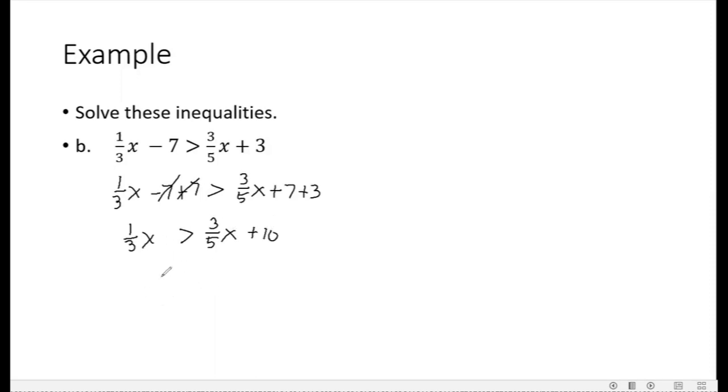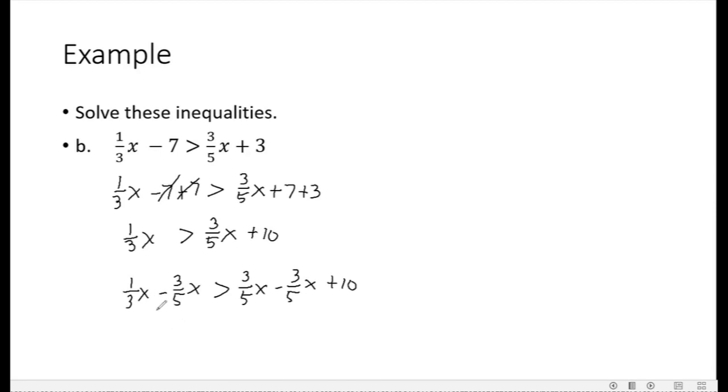Then, on the left and right side, we will add minus 3/5x. So, 1/3 x minus 3/5x greater than 3/5x minus 3/5x plus 10.